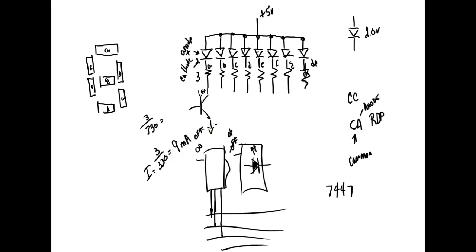So what we're doing is we're taking an encoder that I can bring a decimal number into from 0 to 9, and it's going to encode that, send it to a 7447, and the 7447 is going to display the number. And that's the last one that we already talked about.